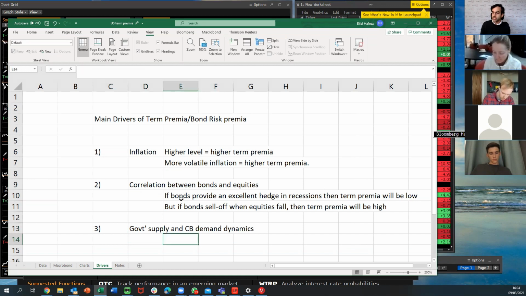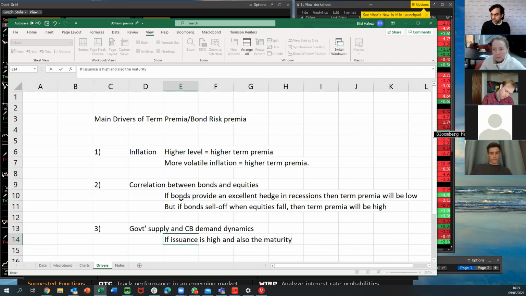So what this says is, okay, if the government's going to issue a lot, so if issuance is high, and also if the maturity of the debt increases, so the government's issuing lots of long dated debt, then term premia goes up.